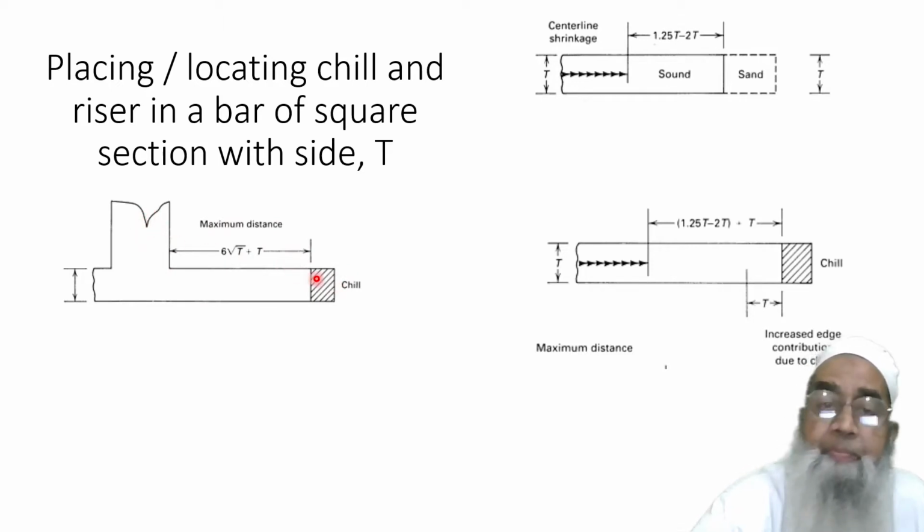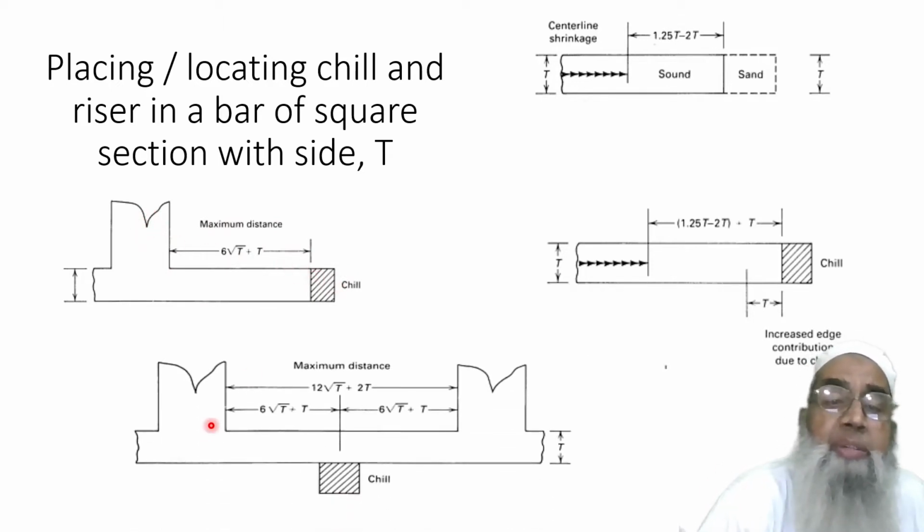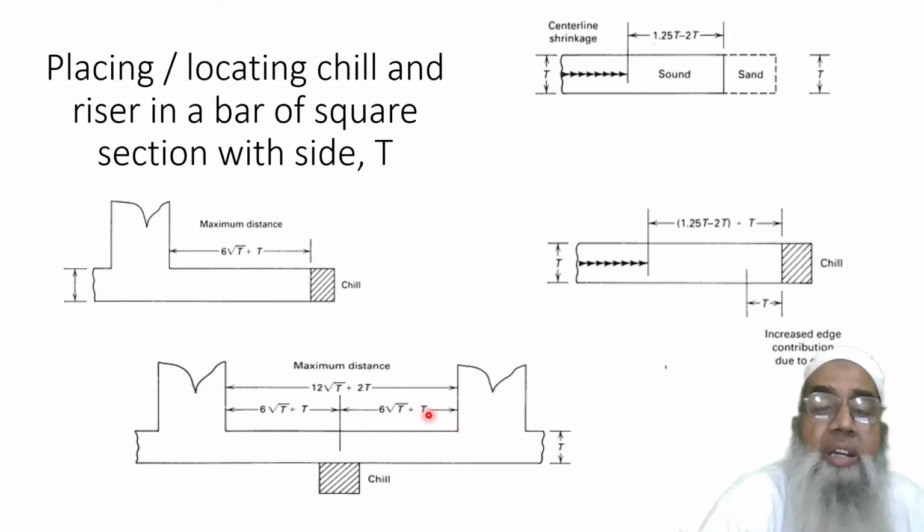Now further, if a chill is provided between two risers, this much amount by one riser and this much amount by another riser will be enhanced, and therefore the maximum distance between the risers will get increased compared to if there is no chill.